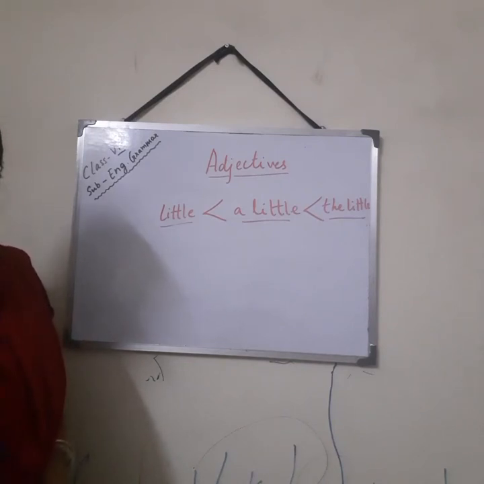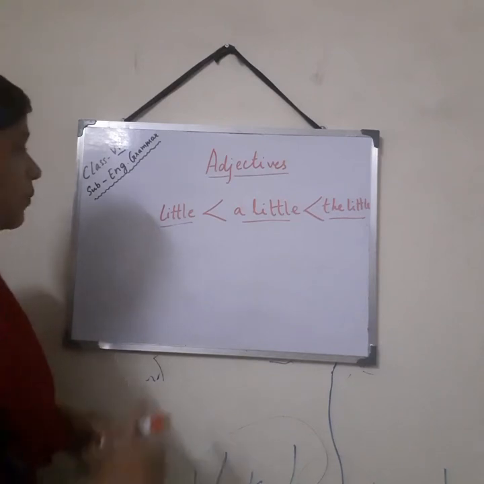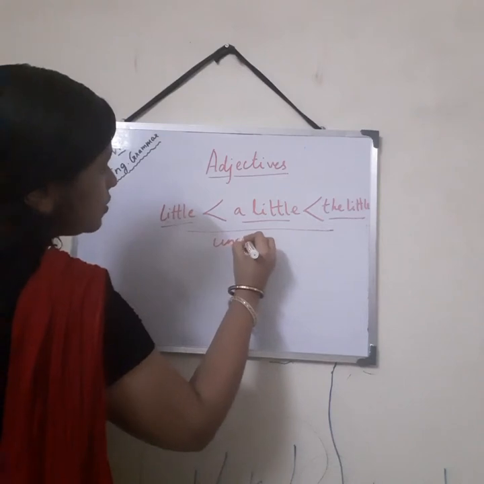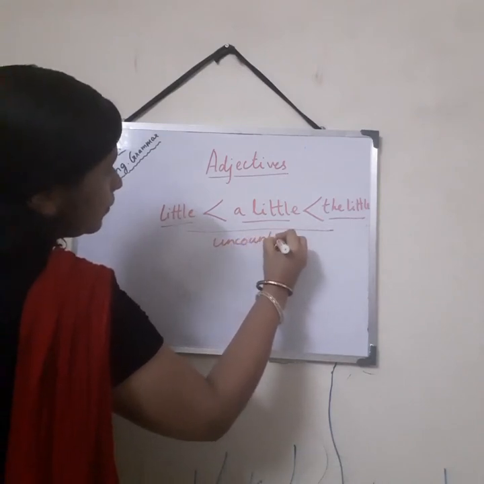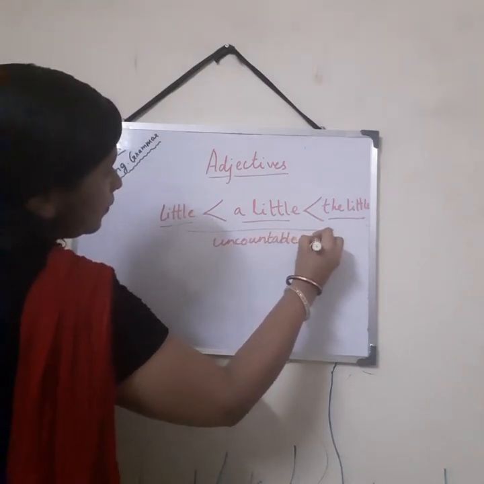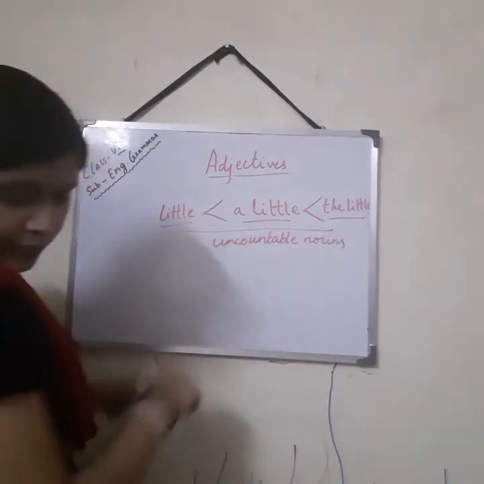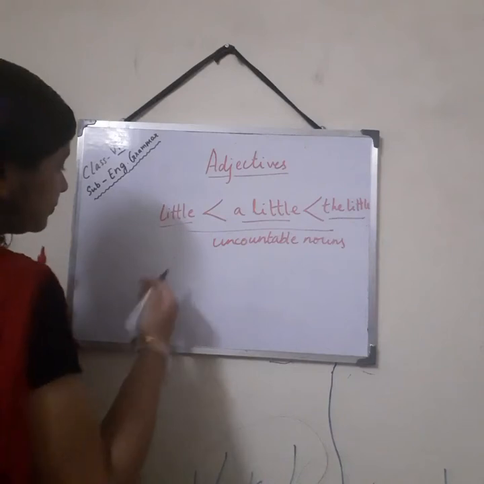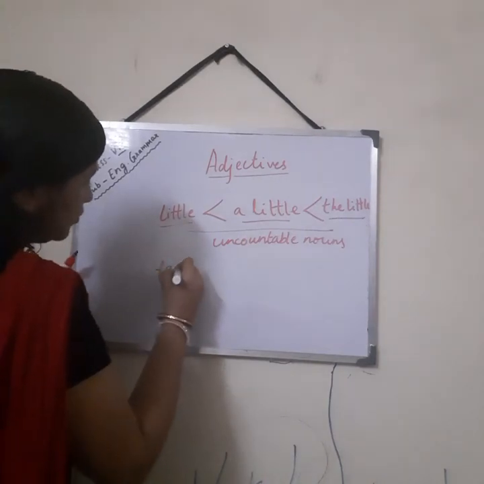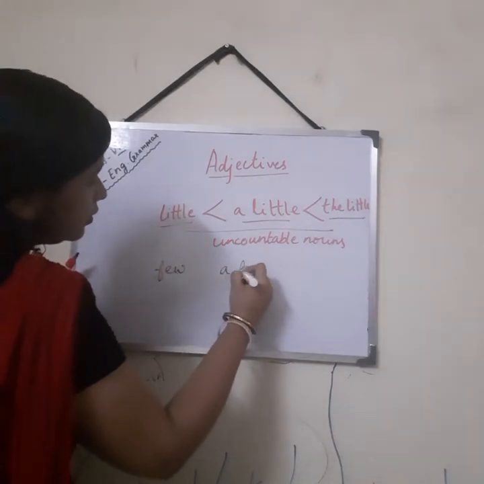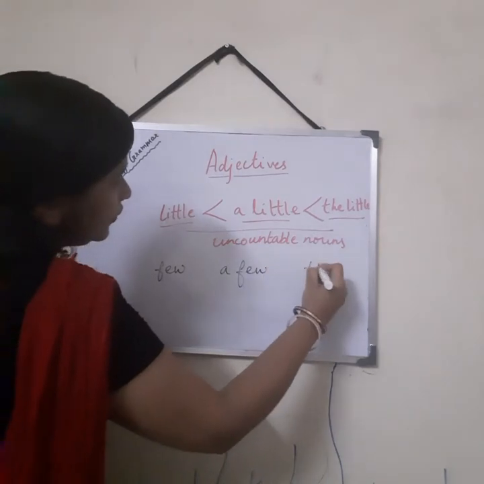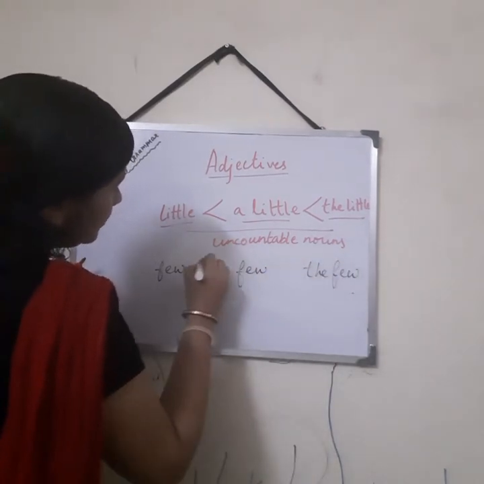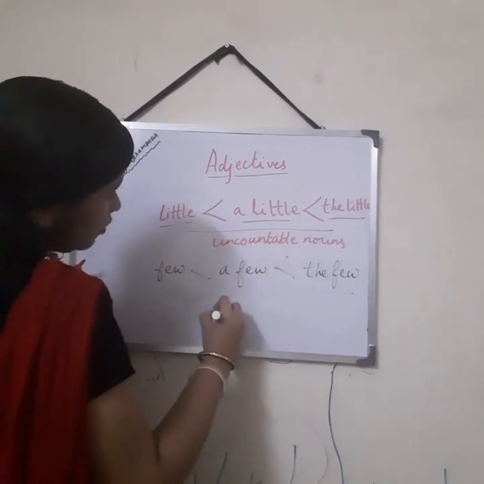Now, little is used with uncountable nouns. All these three are used with uncountable nouns. Whereas few, a few, and the few are used with countable nouns.